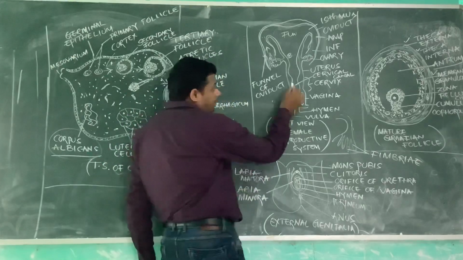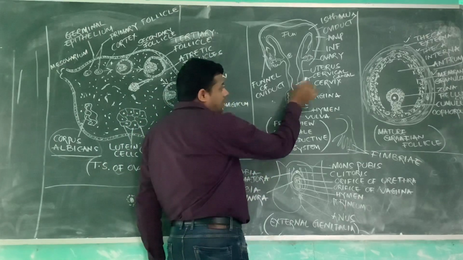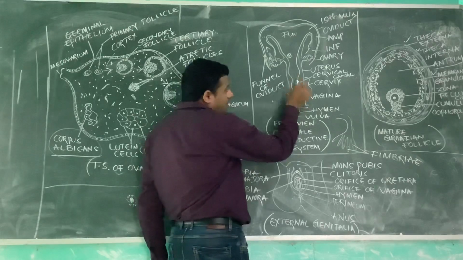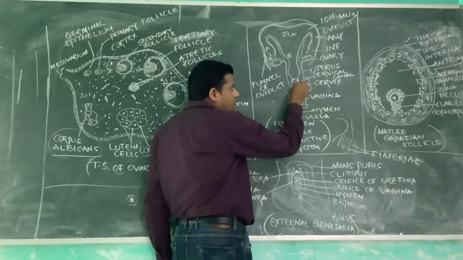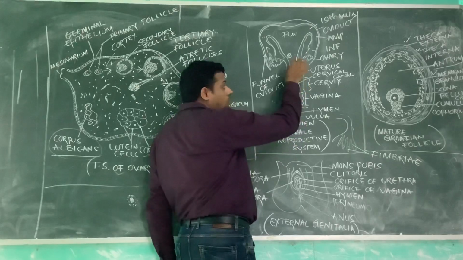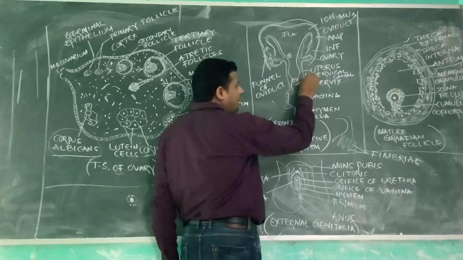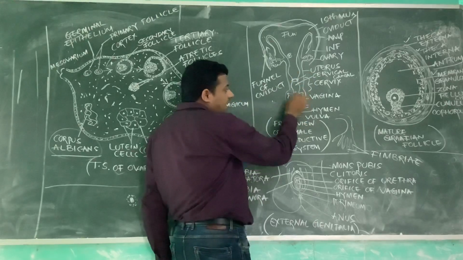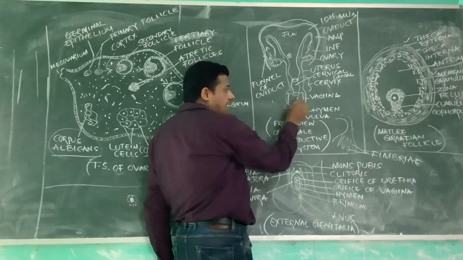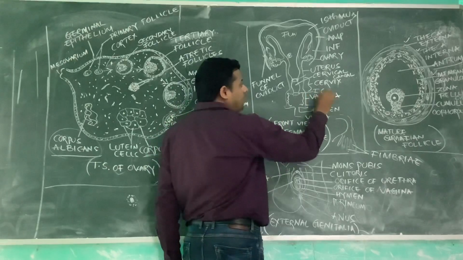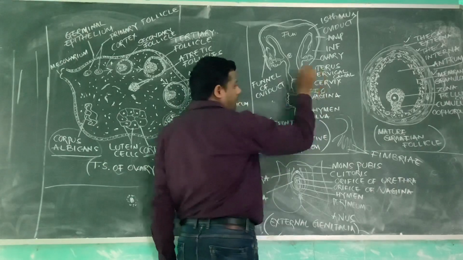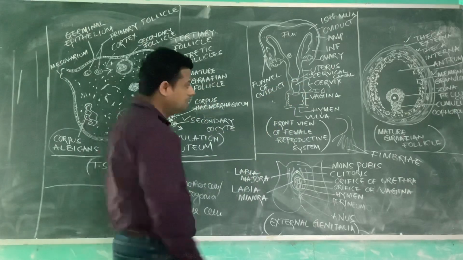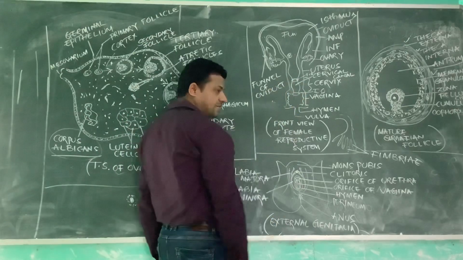Look at this diagram. The cervical canal communicates to the upper part of the uterus through the internal orifice, and the cervical canal also communicates to the vagina through the external orifice. This is the internal orifice. Orifice means aperture or opening. This is the external orifice.